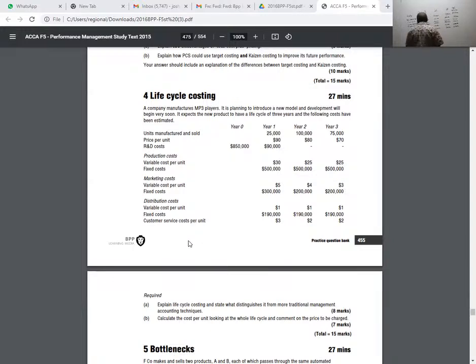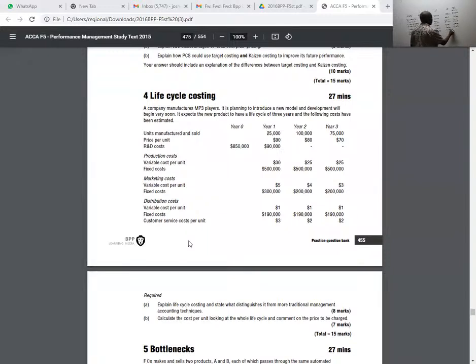So it's 1 unit times the number of units, like 3 times 25,000, which gives me 75,000. The second one is 2 times 100,000, which gives me 200,000. The last one is 2 times 75,000, which gives me 150,000.